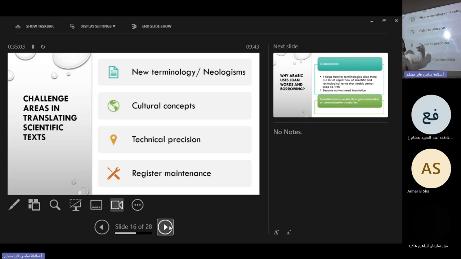Cultural concepts, as I said, when I want to translate some culturally sensitive texts, I have to stop and think about that. Technical precision: if I translate it into this word, is it technically correct? Will the people understand this technical translation? And register maintenance.